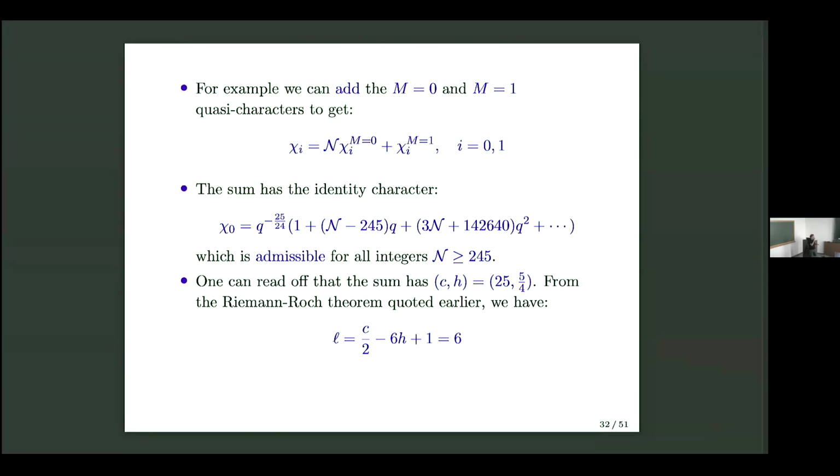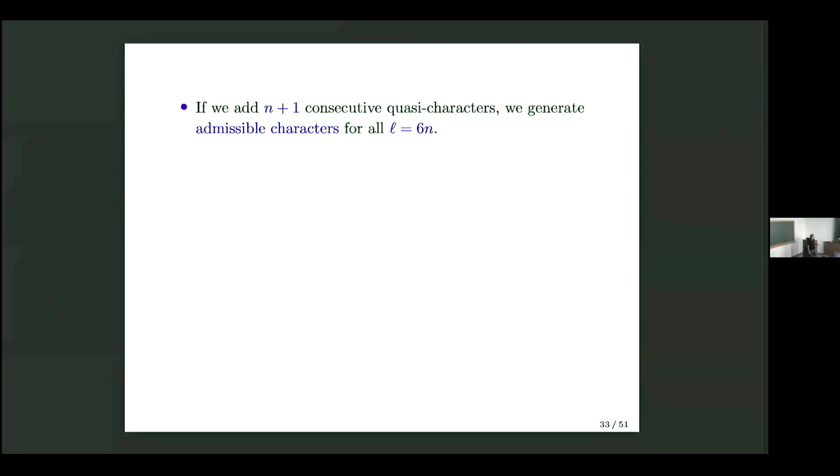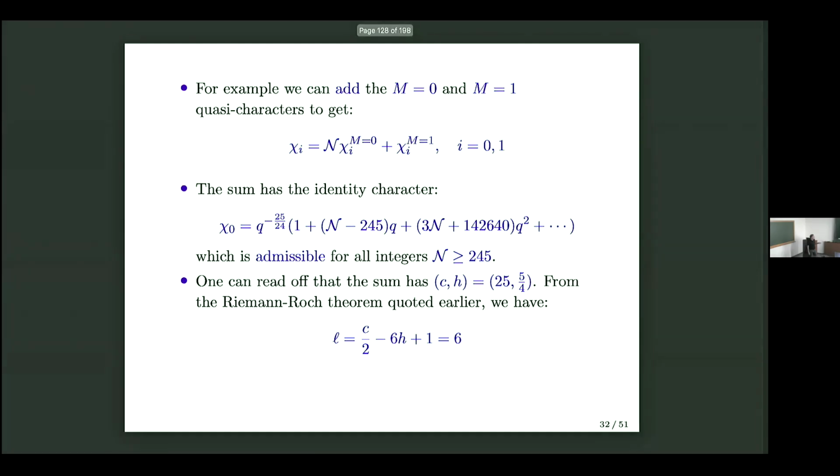And we get this answer, 25 and 5/4. Actually, if I'm not mistaken, this one on its own has central charge 25 and H equals 9/4, and this has central charge 1 and H equals 1/4. And so the H in the end turns out to be some average of the two, but it's not a guess. You can read it off if you like.